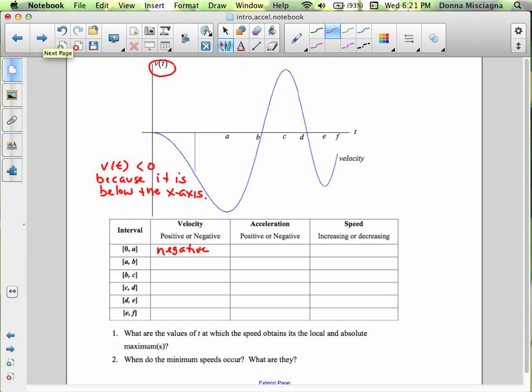How about the acceleration? All right, notice that the graph of velocity has a negative slope. So if your velocity has a negative slope, then your acceleration is going to be negative.